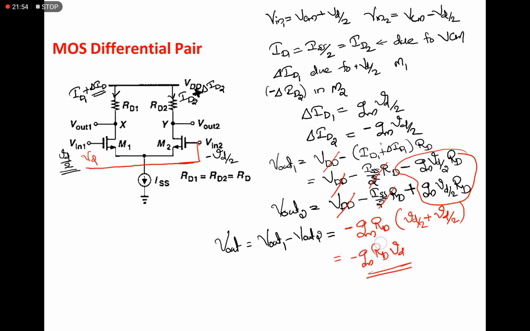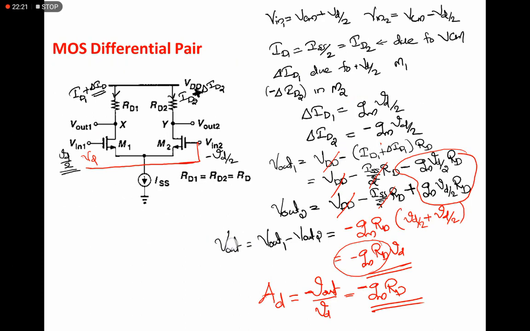For the differential gain of this differential amplifier, AD, we can write it as Vout by VD, which is equal to minus gm into RD. So this indicates the basic working of a MOS differential pair.